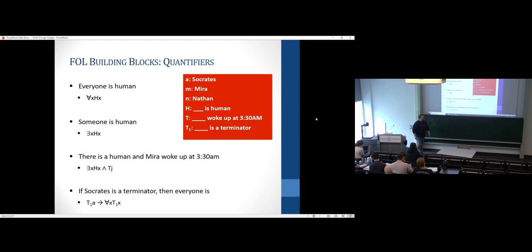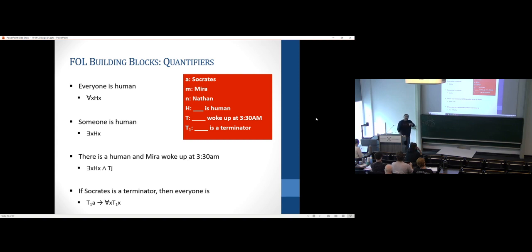Doesn't matter at all. All that matters is you need to be consistent within the sentence that you're writing, because the variables don't stand for anything in particular. All that matters is that they're attached to the right quantifier and they go across. Good. We feeling okay about these ones so far? Relatively. That's all we're looking for.